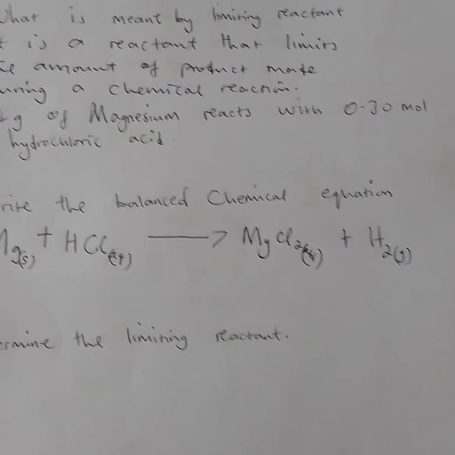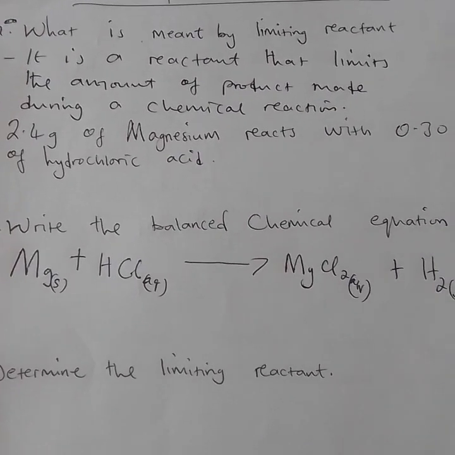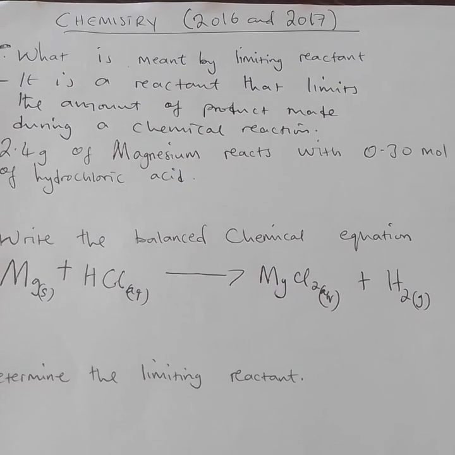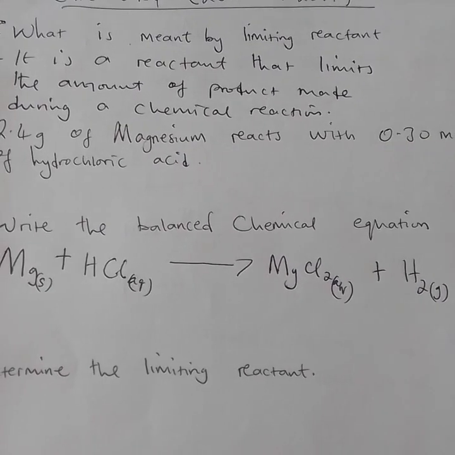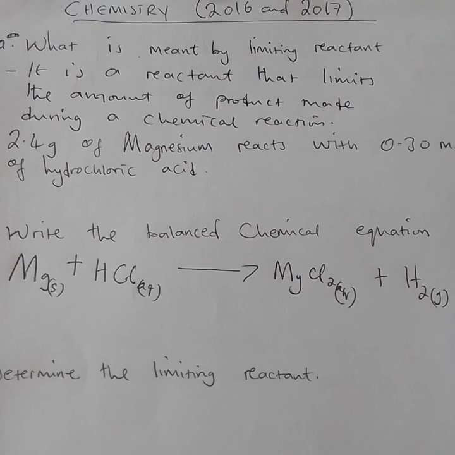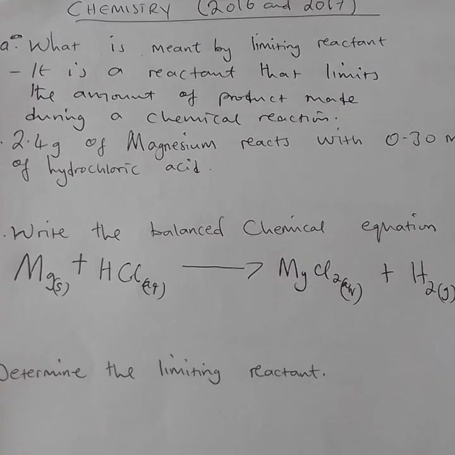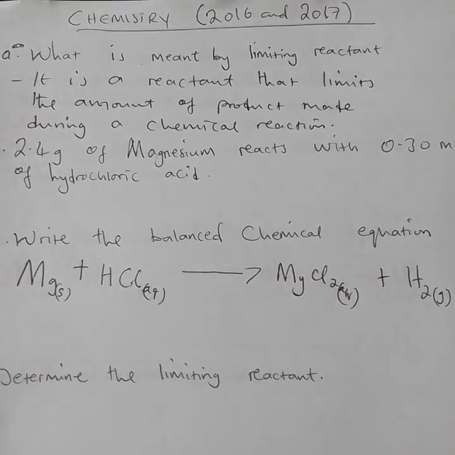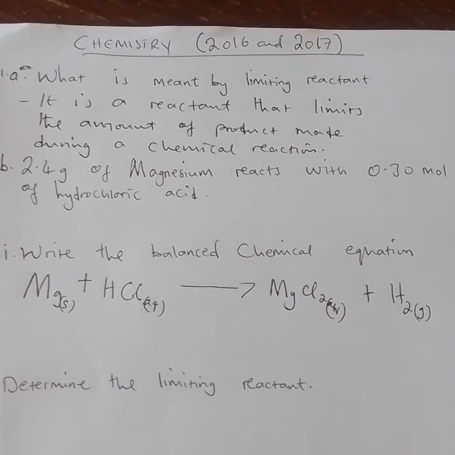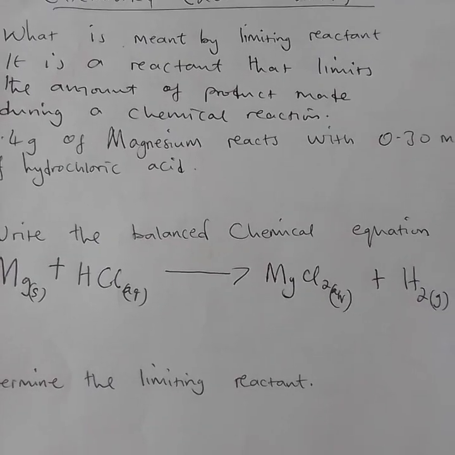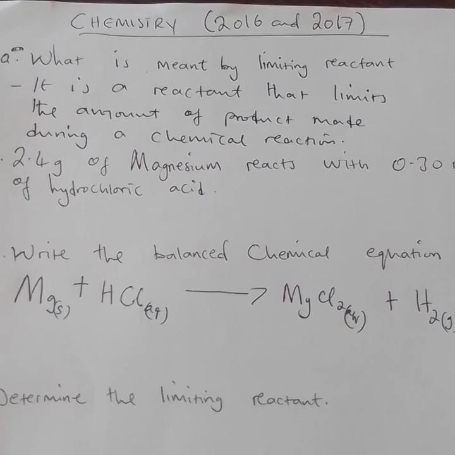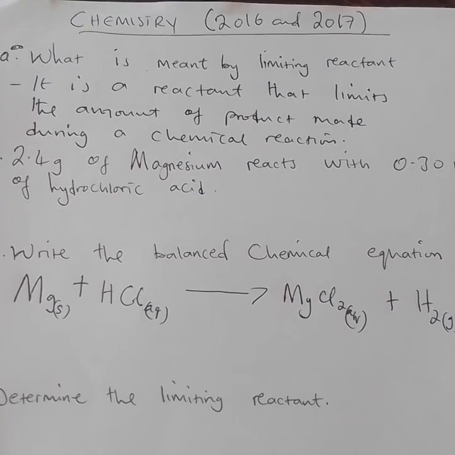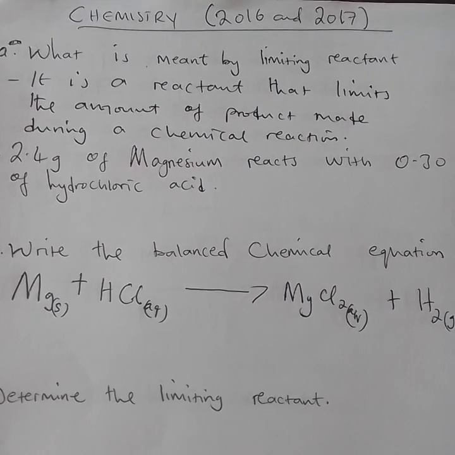So that's your first part: write the balanced chemical equation. We've written the equation, and our next step is to balance it. To balance a chemical equation, you first start with elements other than hydrogen and oxygen. So here we ignore hydrogen and first look at magnesium and chlorine.